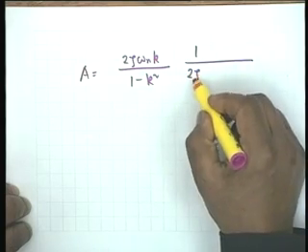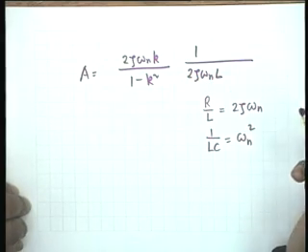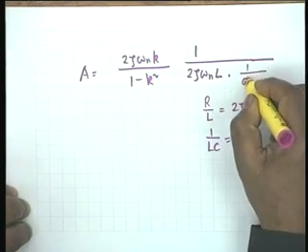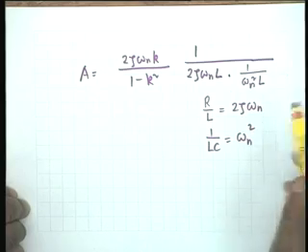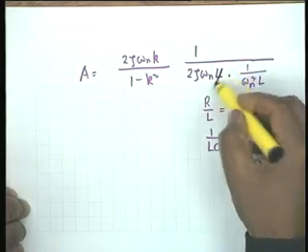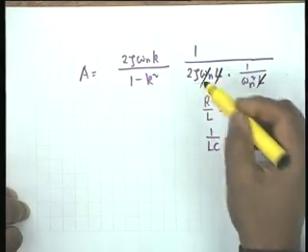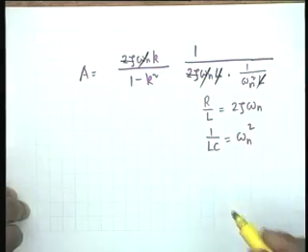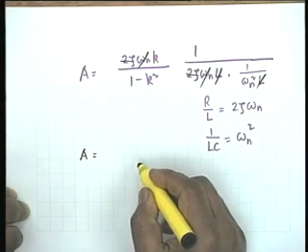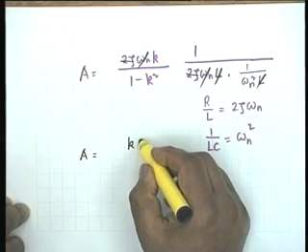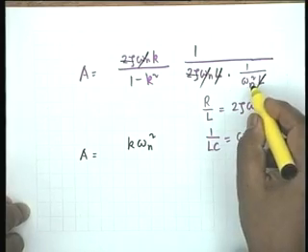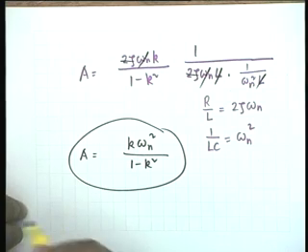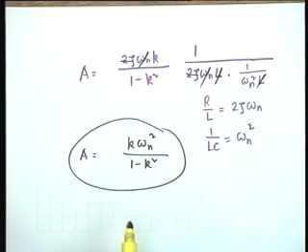R is twice zeta omega n times L, and C is 1 by omega n squared L. You see jolly well that L and L cancel, omega n and omega n cancel, 2 zeta cancels with 2 zeta, and the expression becomes simplicity itself. It becomes k omega n squared divided by 1 minus k squared. This is the new value of A if the output is taken across the capacitor.